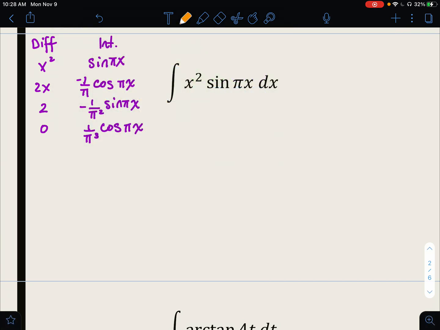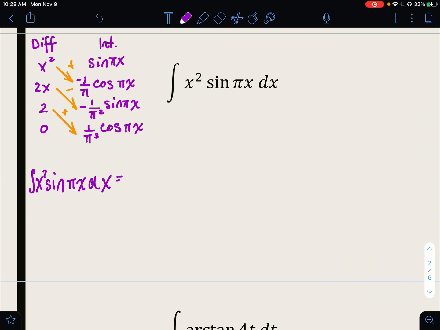Now, you can do your arrows. We know we have to alternate between positive and negative, because that's what would happen if we distributed that negative if we did integration by parts more than once. So down here, write out my problem again.